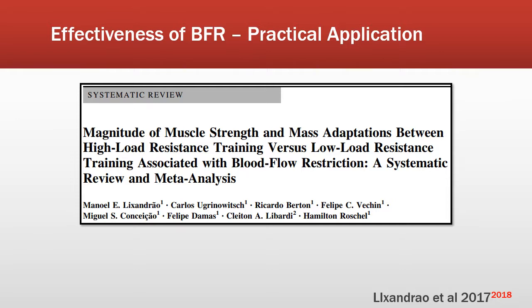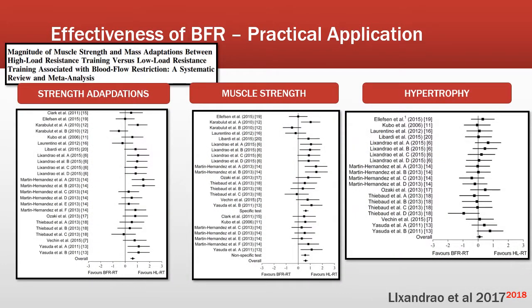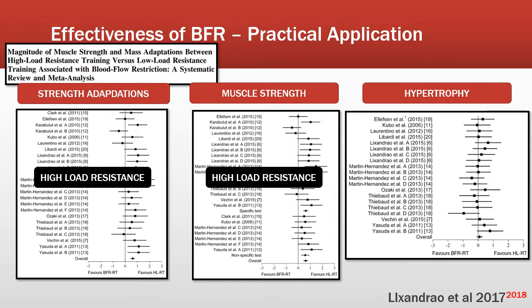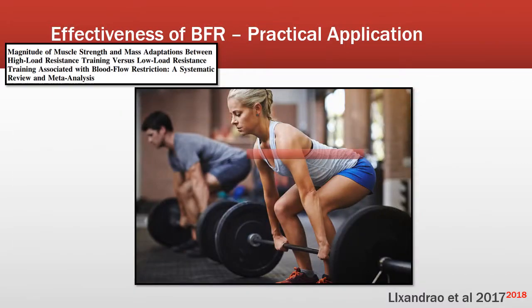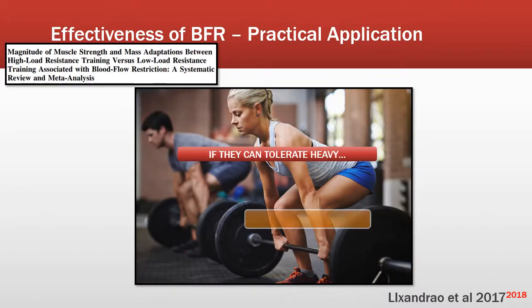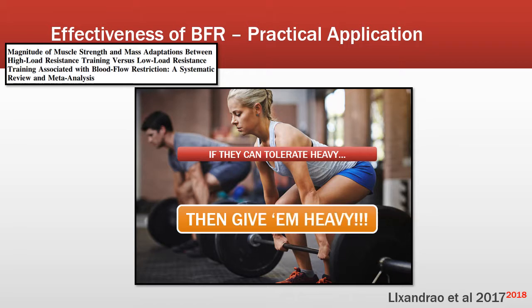A systematic review and meta-analysis that came out in 2017 looked at muscle strength adaptations. That's not purely strength; it's the adaptations of the tissue, the muscle strength, and the hypertrophy. Across the board, high load resistance training wins out when pooling the data. Put simply, if they can tolerate heavy, then give them heavy.